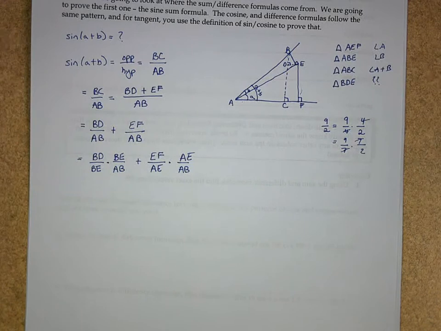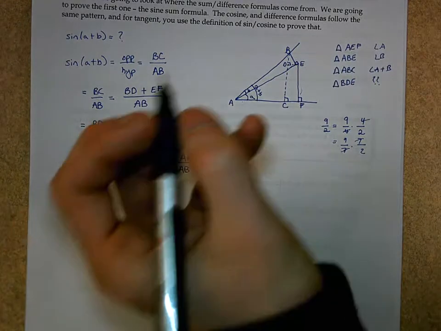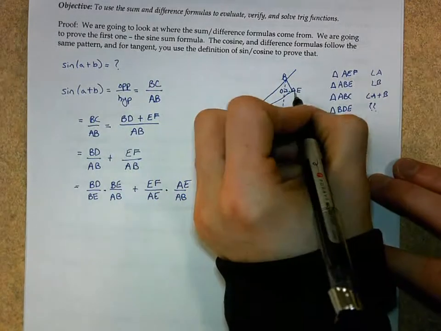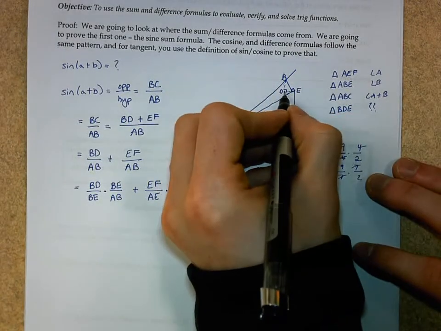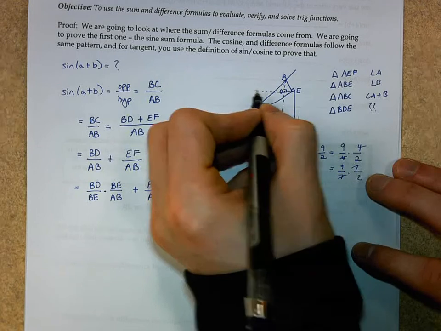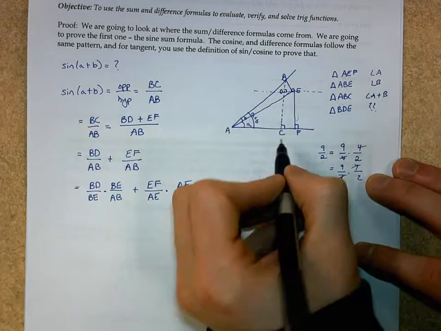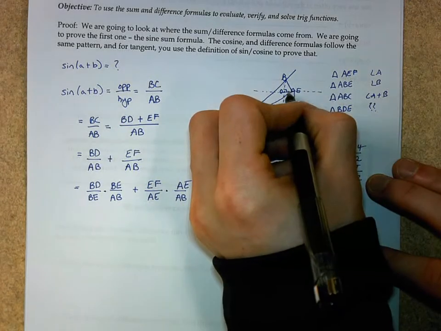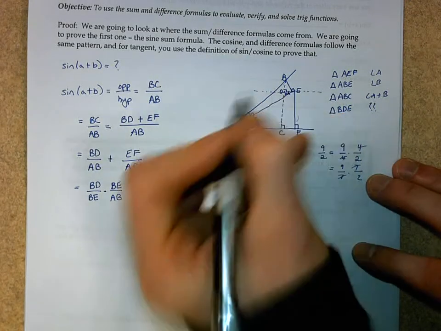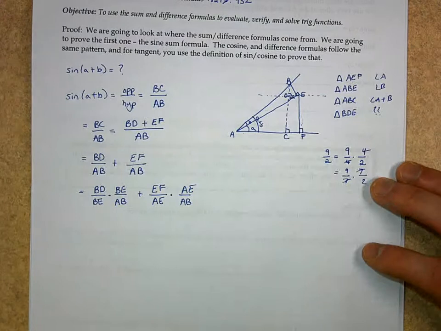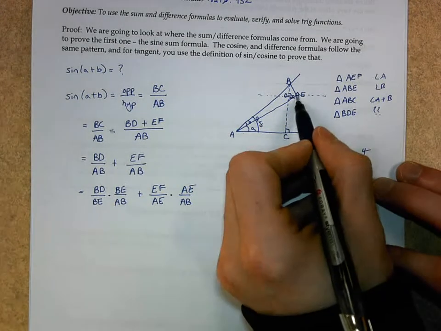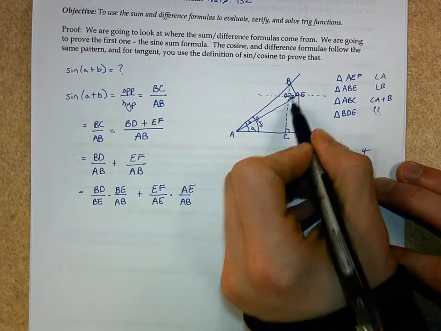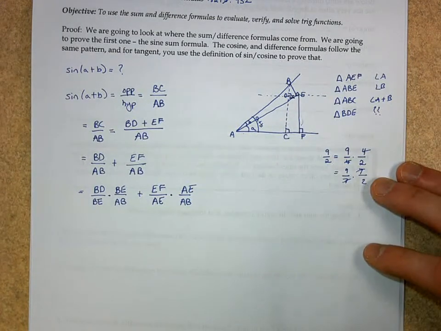The first thing to know is that this right here is angle A. This line right here, DE, continues forever, and so it's parallel to the line AF, which means inside here, that's also angle A, because alternate interior angles are congruent.